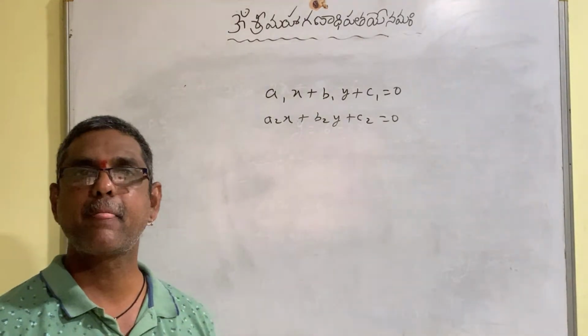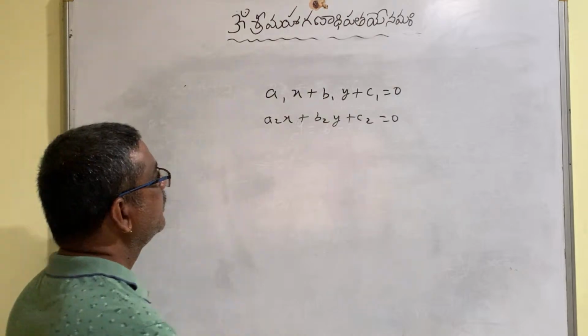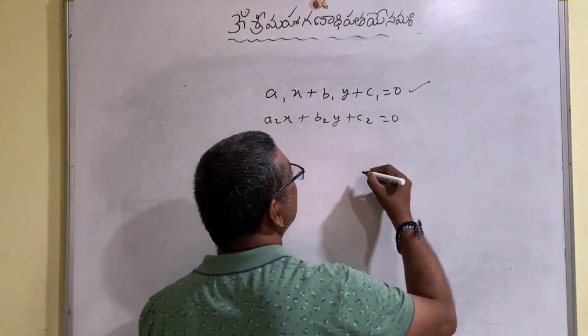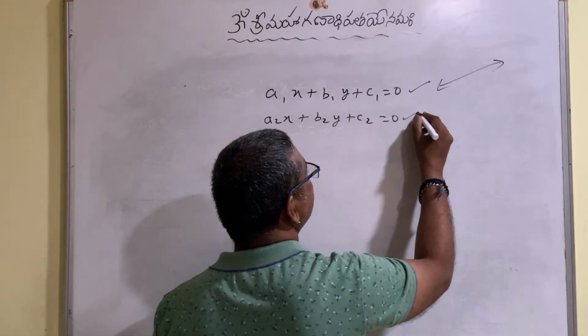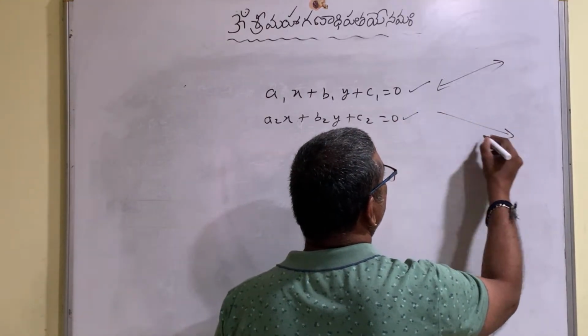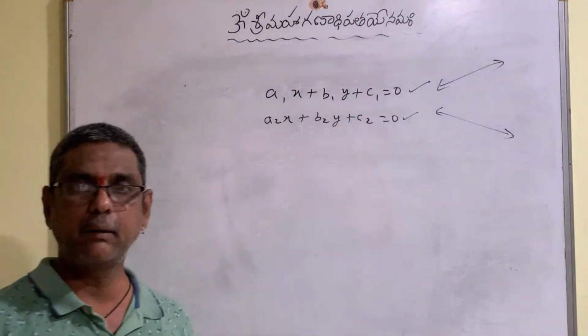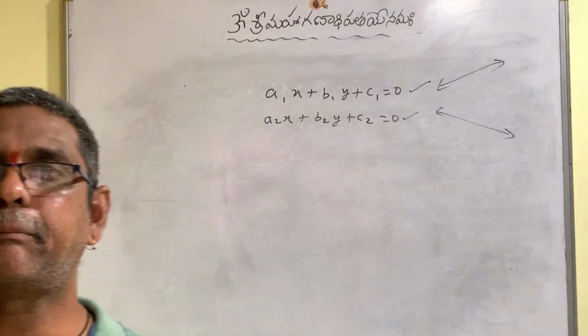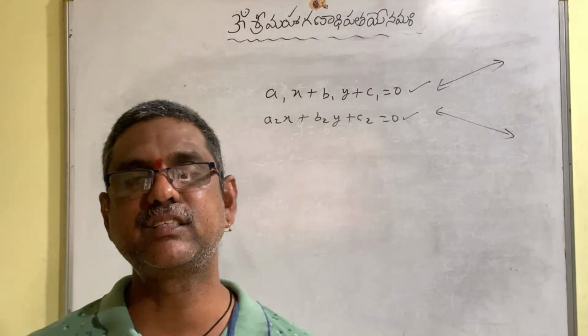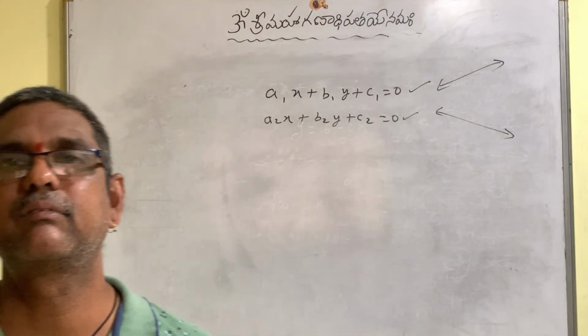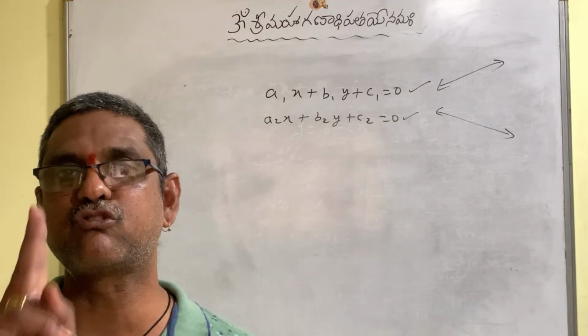Now, if we represent this one, we will get a straight line, and if the other is represented in the graph, we will get another straight line. That means when a pair of linear equations in two variables is represented in the graph, we will get two straight lines.